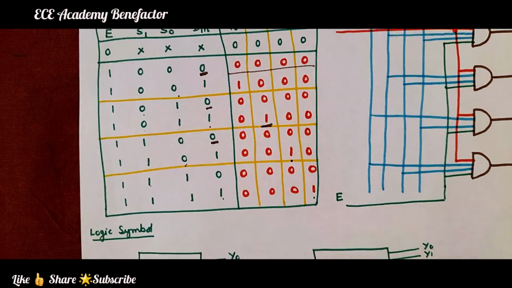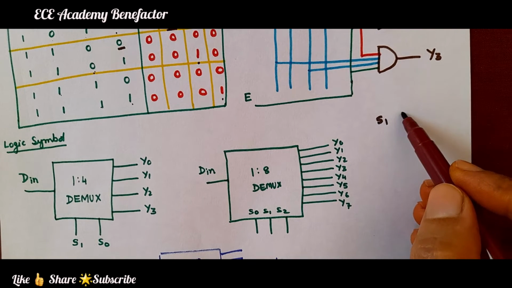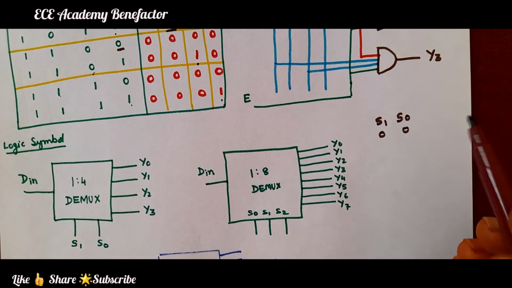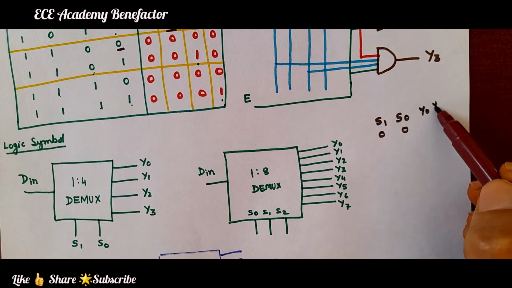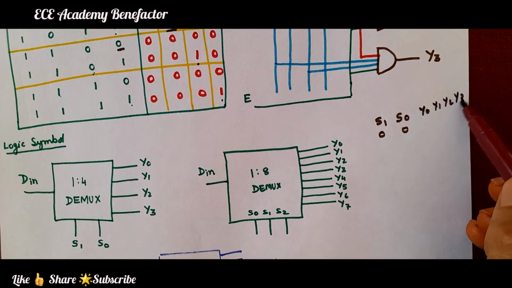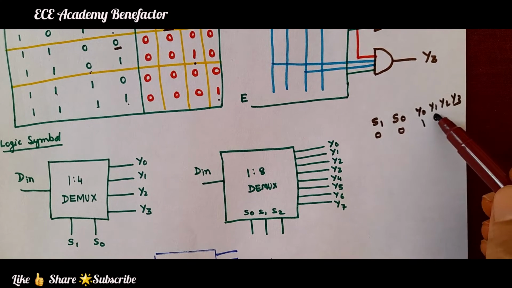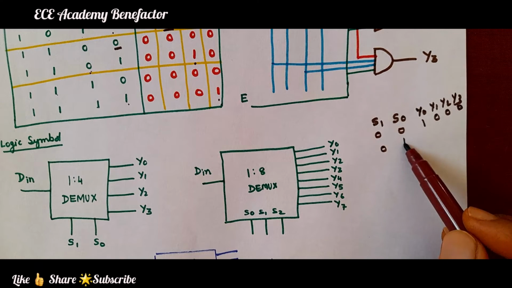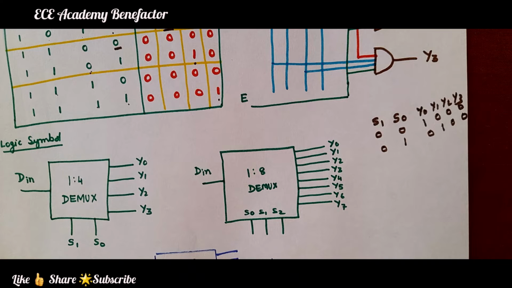So we can summarize it like this. When the selection lines are S1, S0, when the selection lines are 0, 0, what will be the output? Y0, Y1, Y2, Y3. When the selection lines are 0, 0, Y0 is 1 and all others are 0. When the selection lines are 0, 1, Y1 will be 1 and the remaining will be 0.